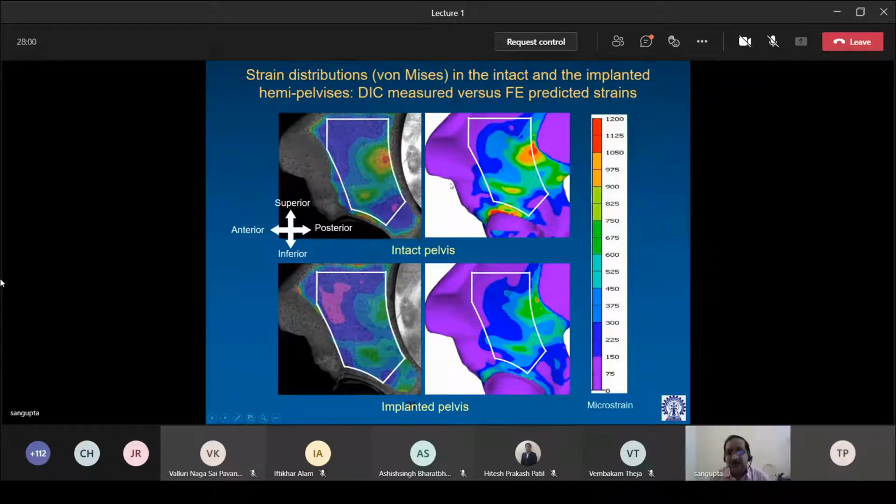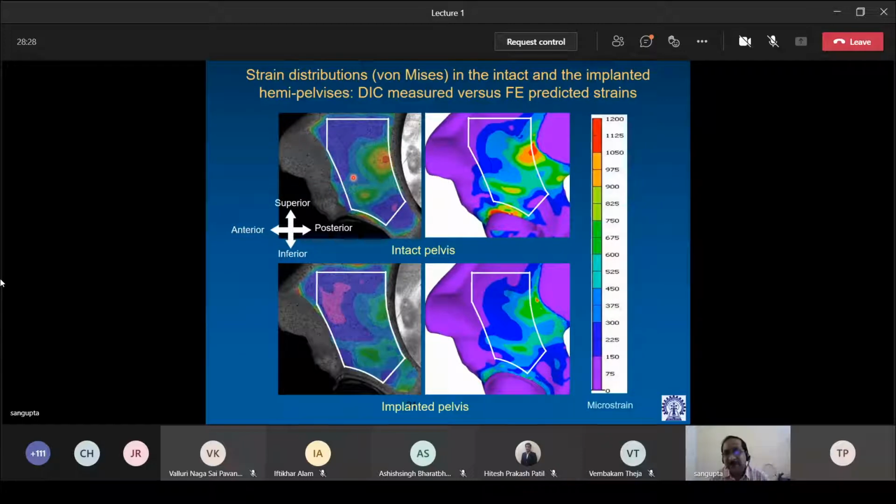Don't look at the right hand side. Try to look only at the DIC images, top and bottom. I'm now using the pointer. You can see the white line, the boundary.